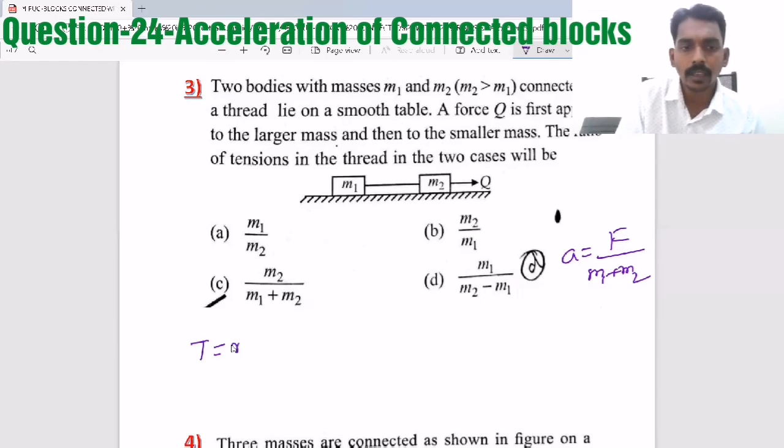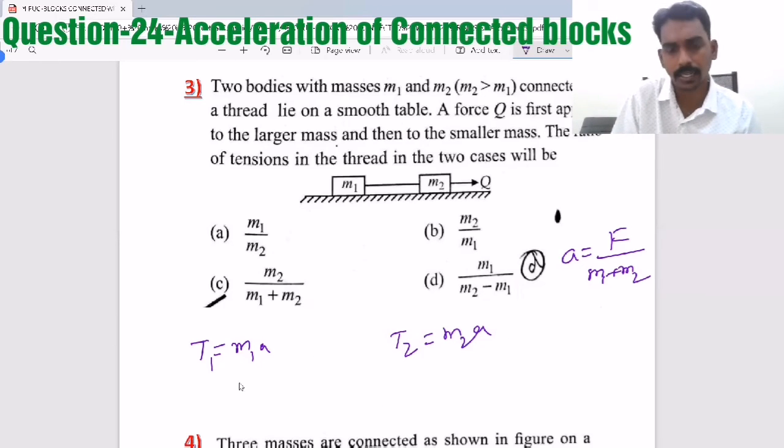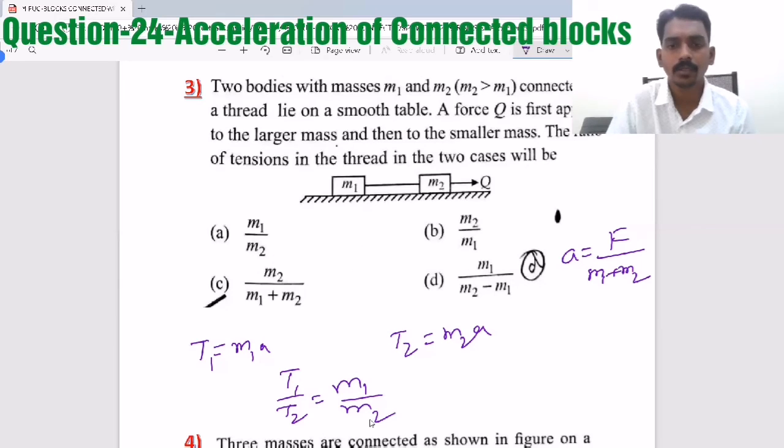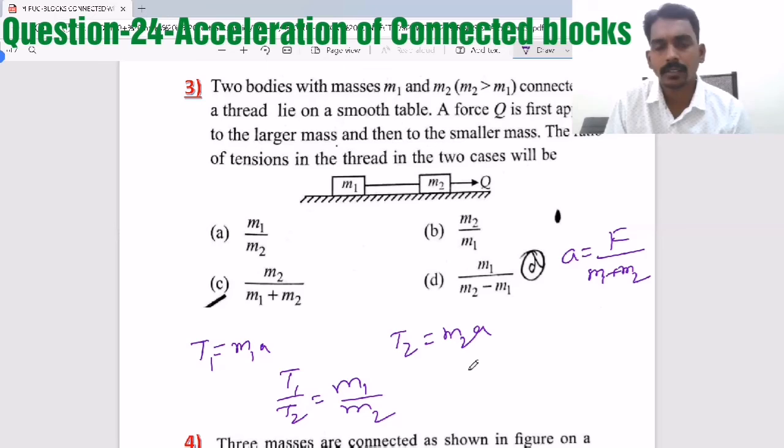Now the tension is m1a if the force is applied on m2, that is the first tension, and the tension is m2a in the second case, but the acceleration is the same in both cases. So T1 by T2 will become m1 by m2. So that way you need to understand the ratio of tension.